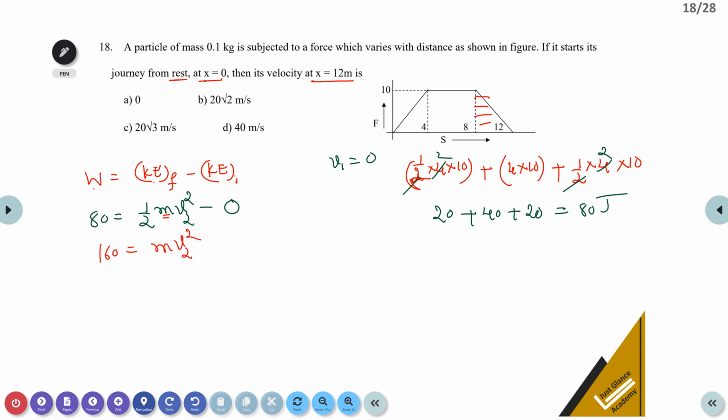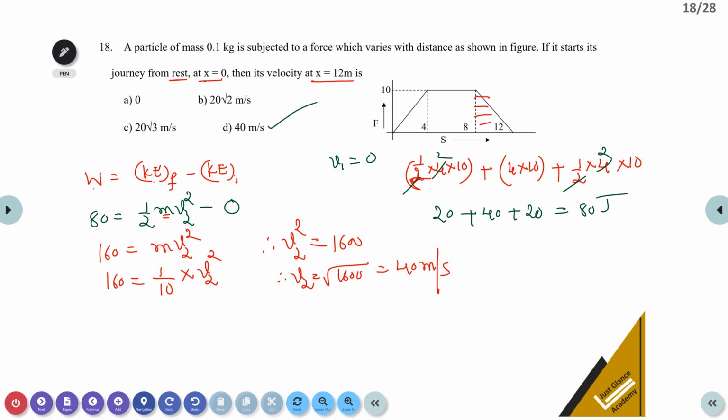Substituting mass 0.1 kg, which is 1 by 10, into v2 square. Therefore v2 square equals 1600 by cross multiplication, so v2 equals the square root of 1600, which is 40 meter per second.